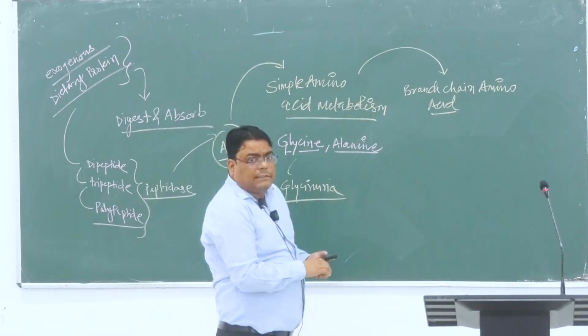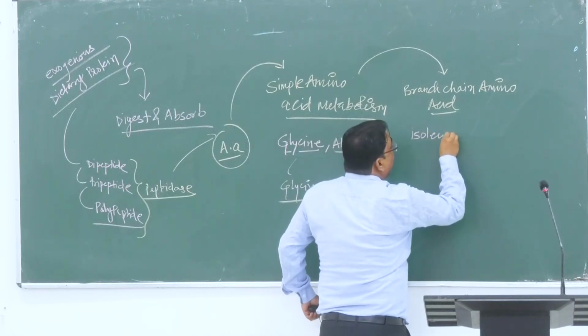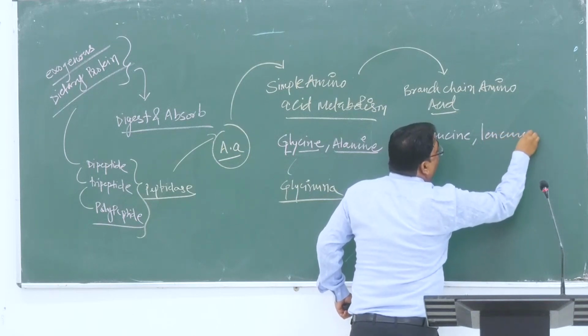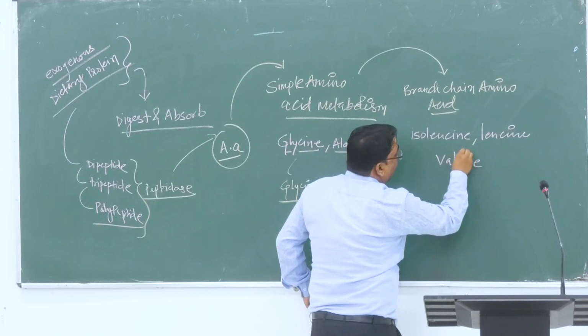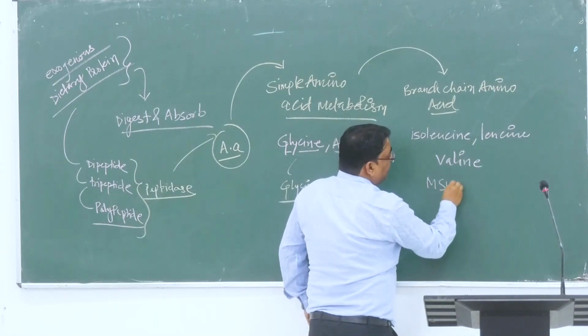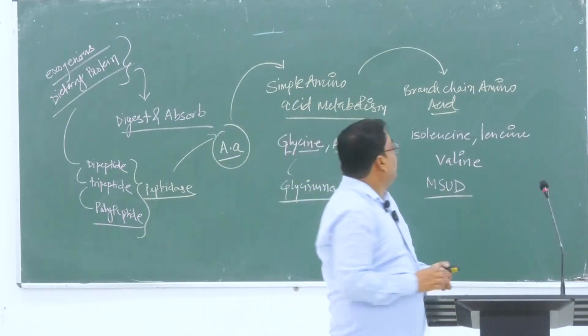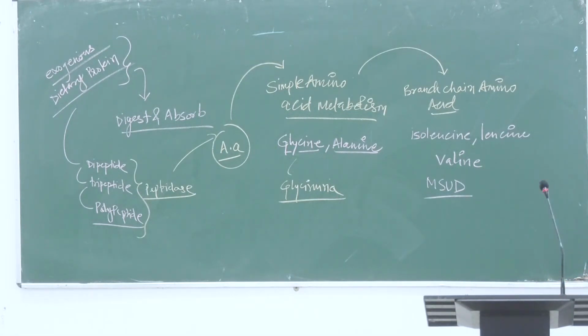Now branched chain amino acids, that is isoleucine, leucine, contain a disease called MSUD, maple syrup urine disease.